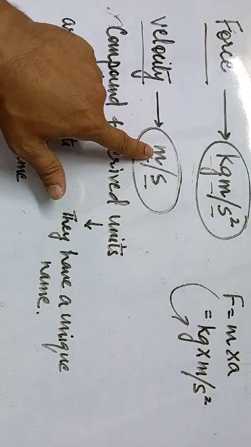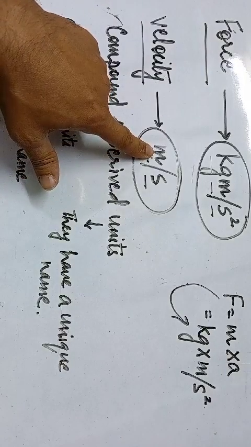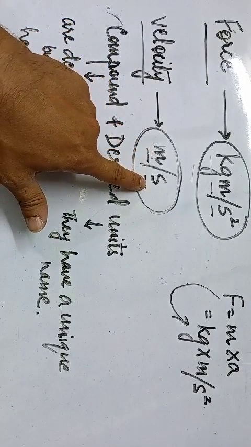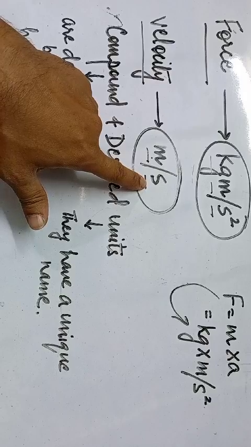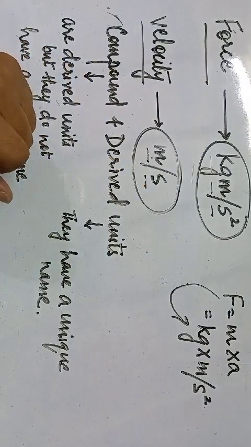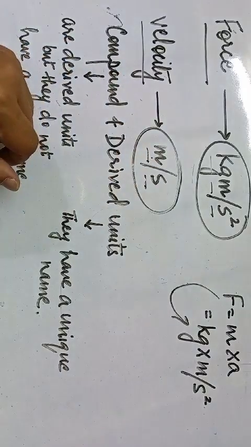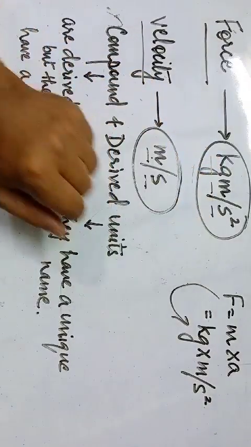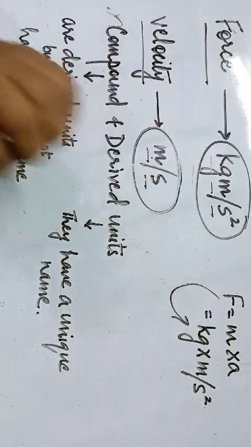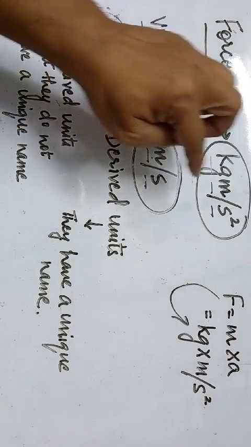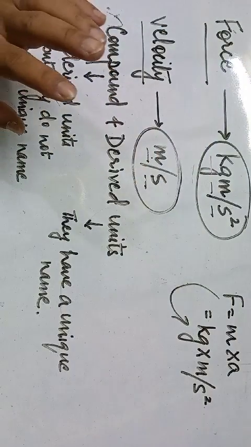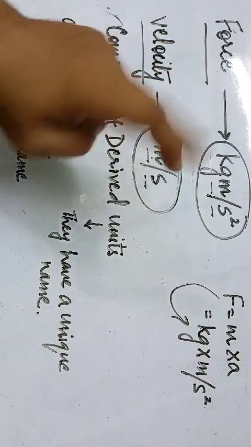This has been taken from the basic unit of meter, and this has also been taken from the basic unit of time, which is seconds. When you combine two basic units, you get meter per second. When you combine three different basic units, you get a compound unit. So these are both compound units, but not both of them are derived units.